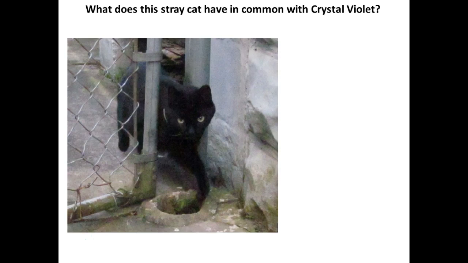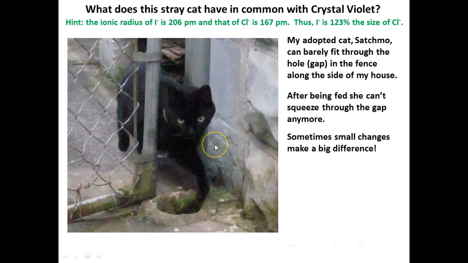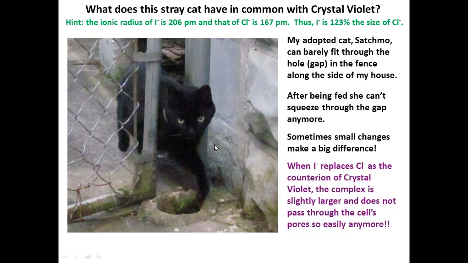So little small changes make a big difference in how molecules interact, and in this cute little kitty cat. Switching out that chlorine for the iodine is about 123% bigger, and the same thing happens with the cute little kitty. Sometimes small differences can make a big difference.